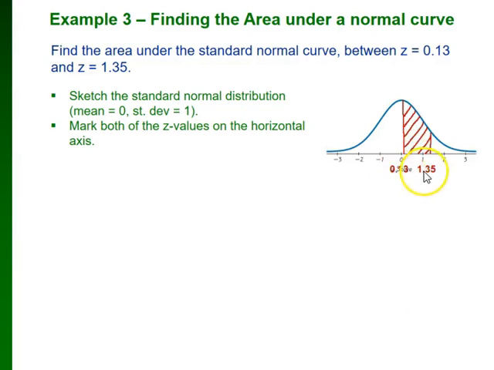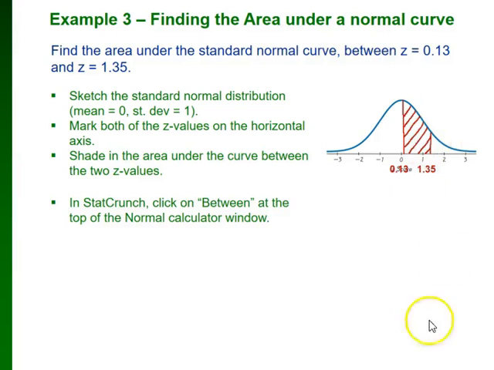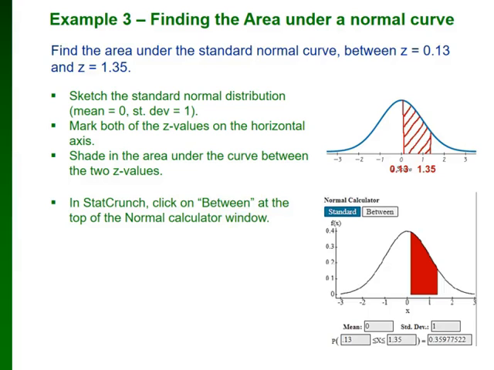Here's our 0.13, here's our 1.35, and we shade in between those two because it wants to know the area between those two values. In StatCrunch, if we have two values like this, then we need to use the between window instead of the standard window. So click on between at the top of the normal calculator window, put in the two values for z, so put in the 0.13 and the 1.35.